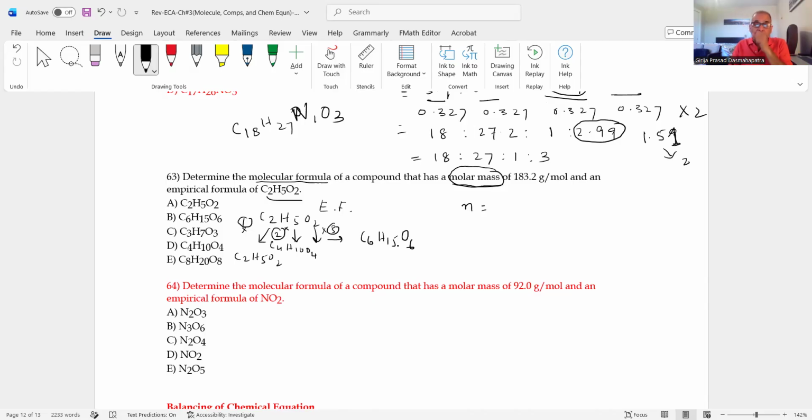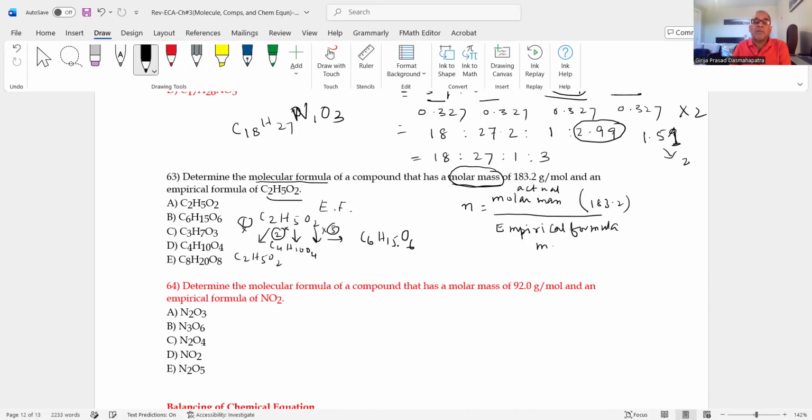It is a ratio of what is called the actual molar mass, which is given, it is 183.2, divided by the empirical formula molar mass, or empirical formula mass.